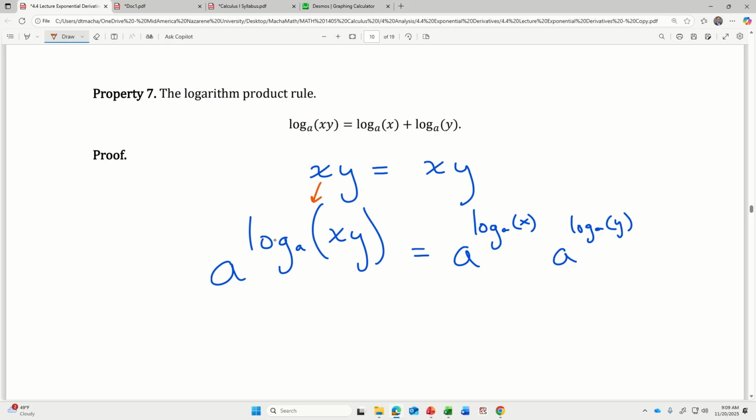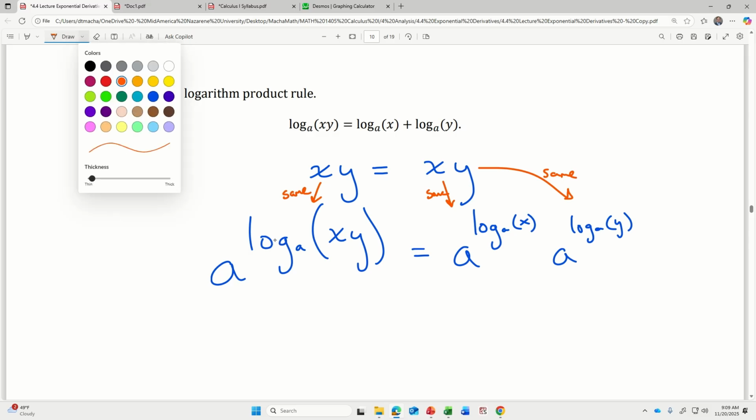So notice this is the same. This is the same. And this is the same. On the left side, I'm treating the product together, but on the right side, I'm treating those variables separately. But again, I'm just composing inverse functions. They cancel out. They're equal to each other.